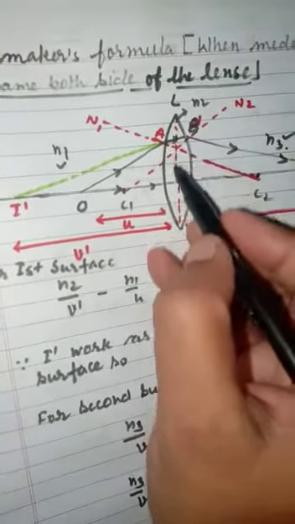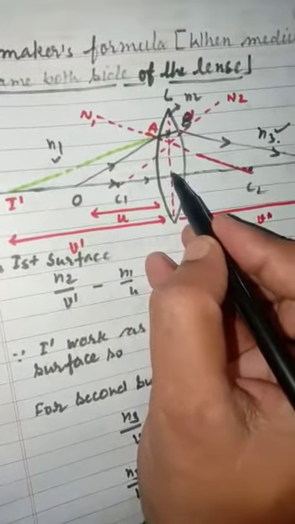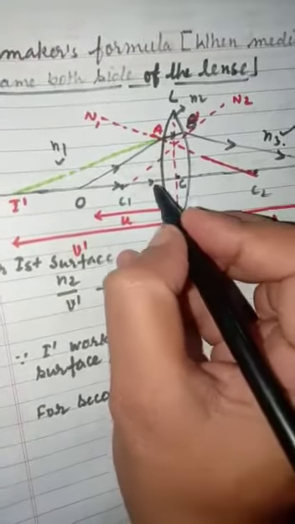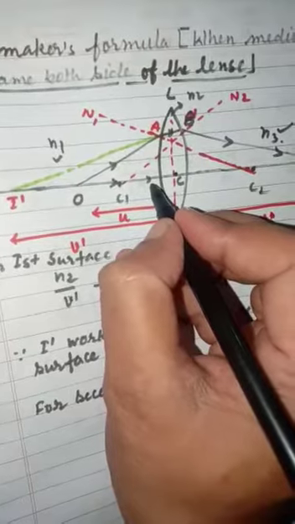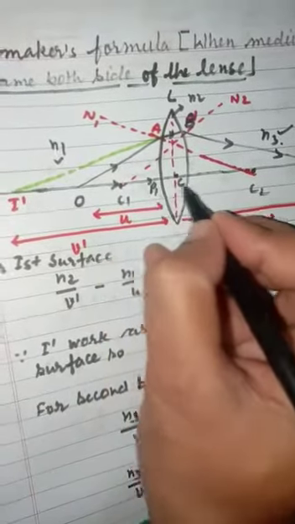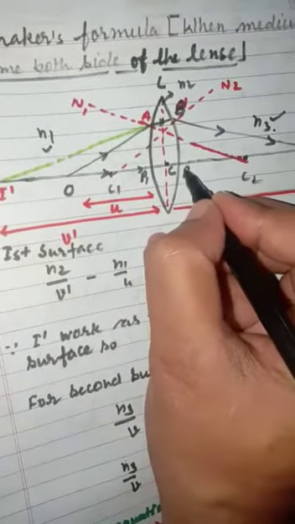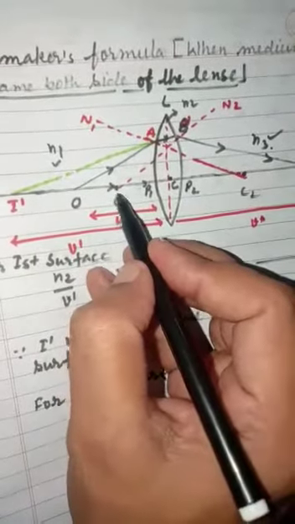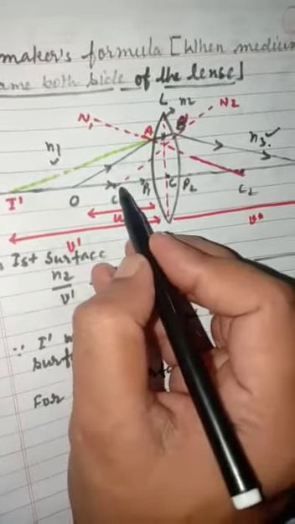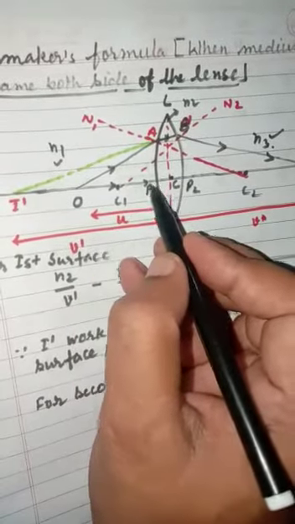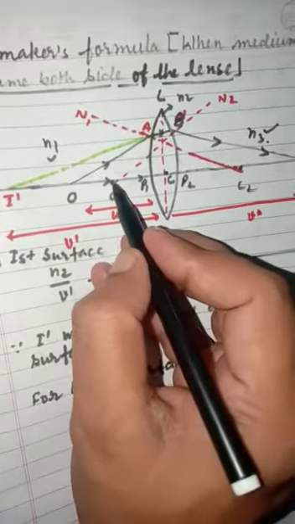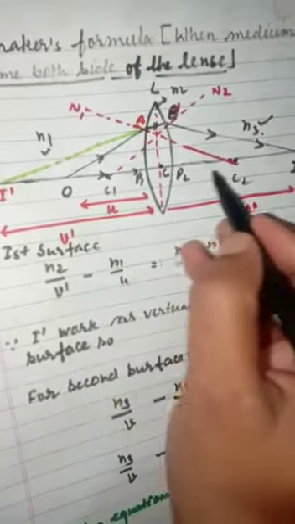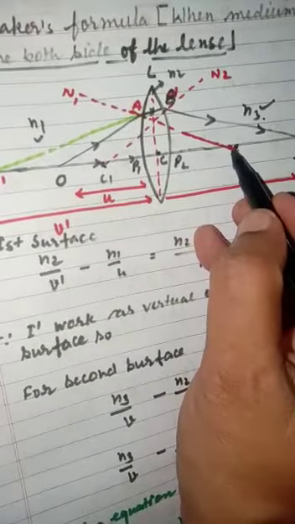The lens has optical center C. Its first surface pole is P1 and second surface pole is P2. The center of curvature of the first surface is C1 and of the second surface is C2.